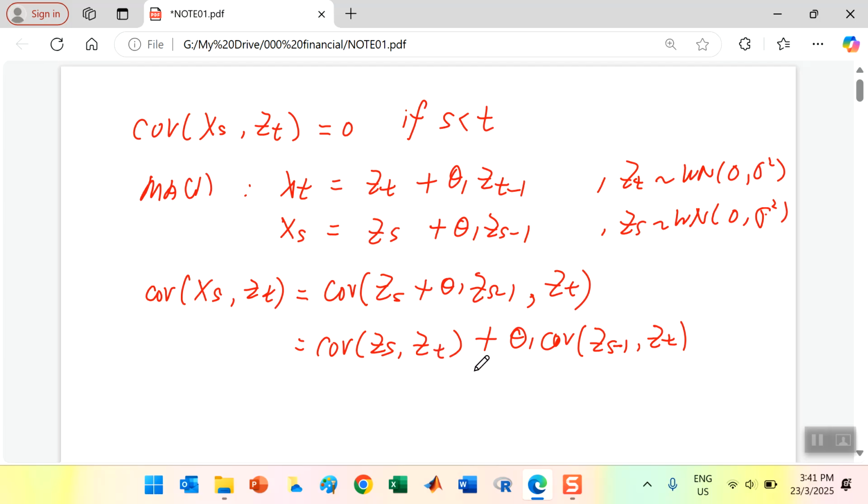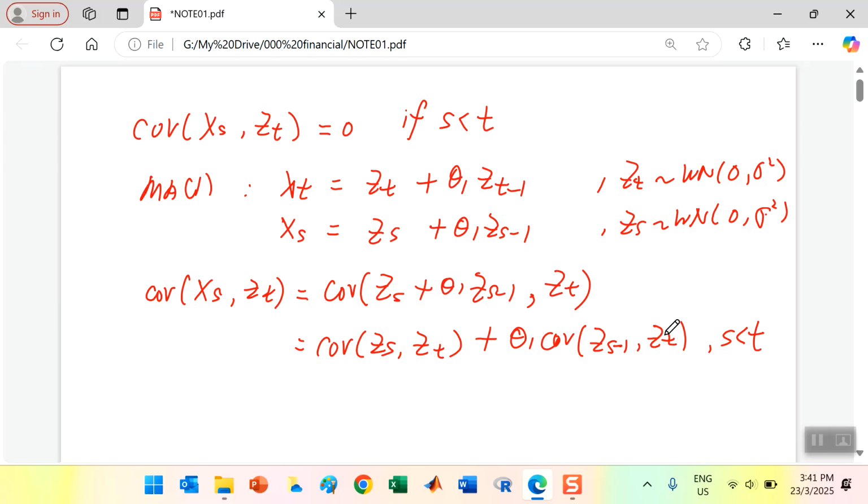So for S less than T, that means if T is today, then S will be yesterday, in other words. If T is yesterday, then S will be 2 days after.